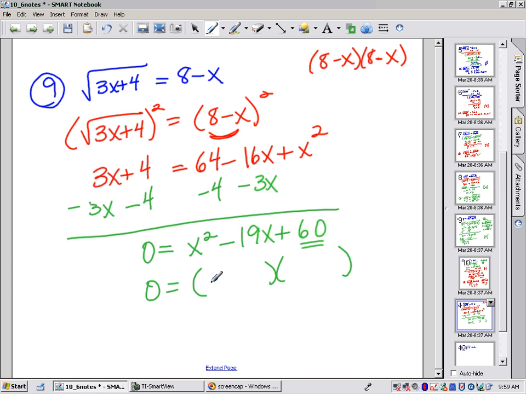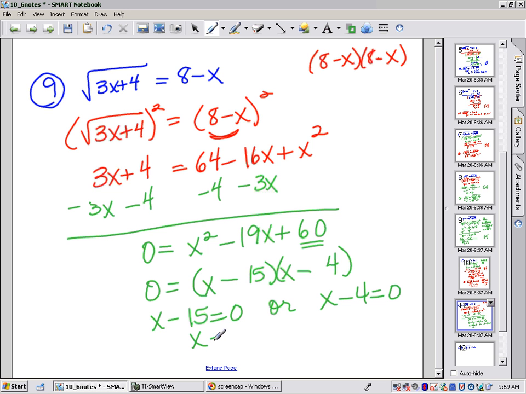That is going to be 15 and 4. The last sign being positive, with a negative middle term, tells us both of them are negative. So when we set those factors equal to 0, we get x equal to 15, or x is equal to 4.